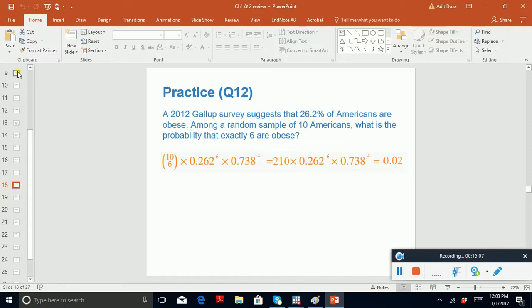And this n choose k, 10 and 6 in this form, some of you wrote as division. It's not division, it's a combination. 10 choose 6 is actually 10 factorial over 6 factorial times 4 factorial, where 4 is n minus k. This is the formula for a 10 choose 6 combination, where n is 10 and k is 6.